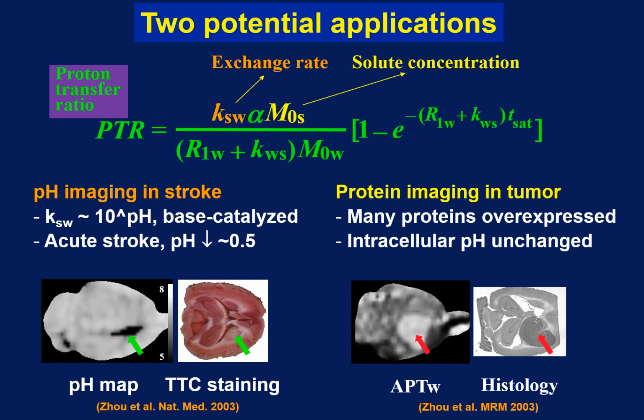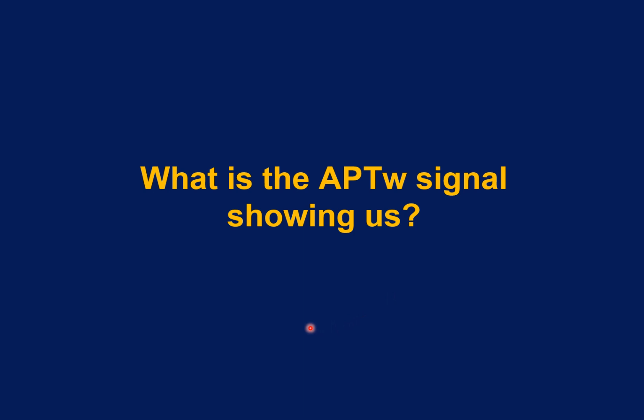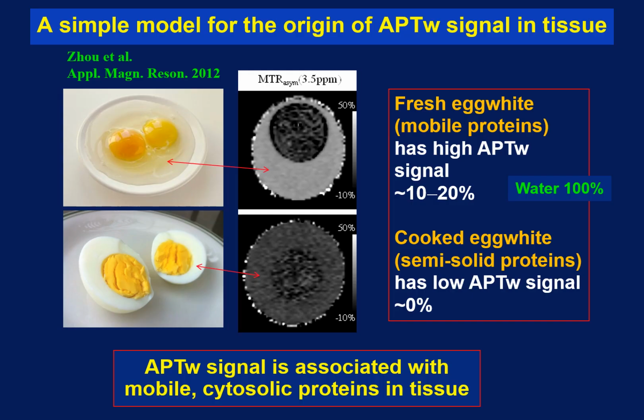A general question people will ask is, what is the APT weight in my serum? A very good model for APT weighted imaging is egg white. Egg white is the cytoplasm of the egg, with a lot of protein, and egg white has very high APT weighted signal, 10 to 20%, where water is 100, so this is huge.